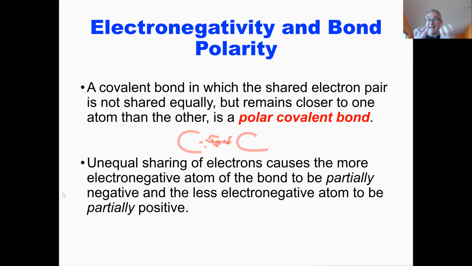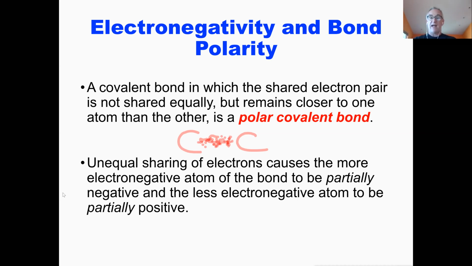When each of these two carbons has the exact same electronegativity, we would expect this to look fairly symmetrical, with the distribution looking pretty much the same all the way across. So those electrons have an equal chance of being close to one carbon or close to the other.